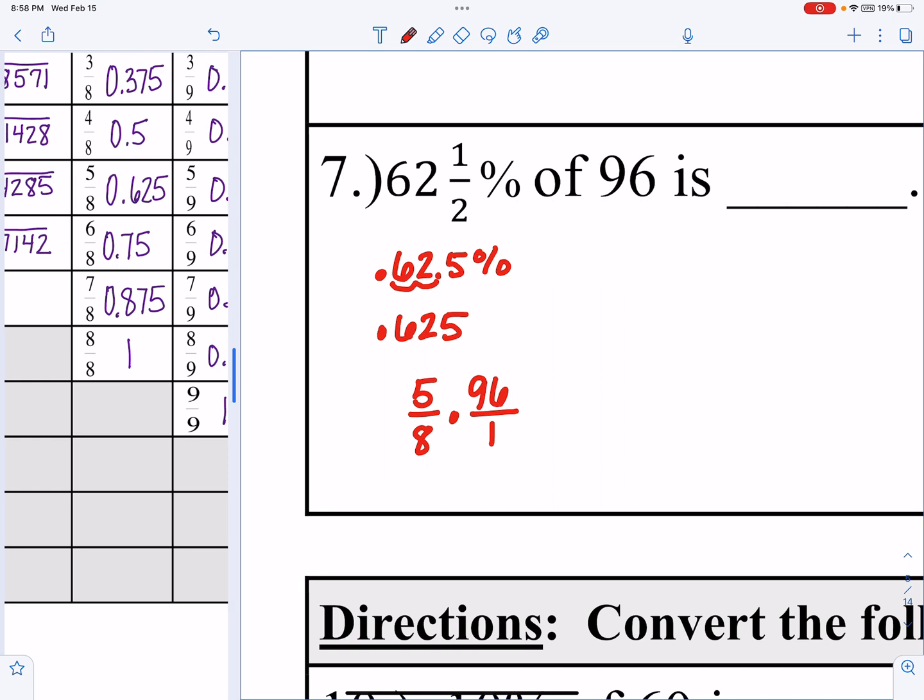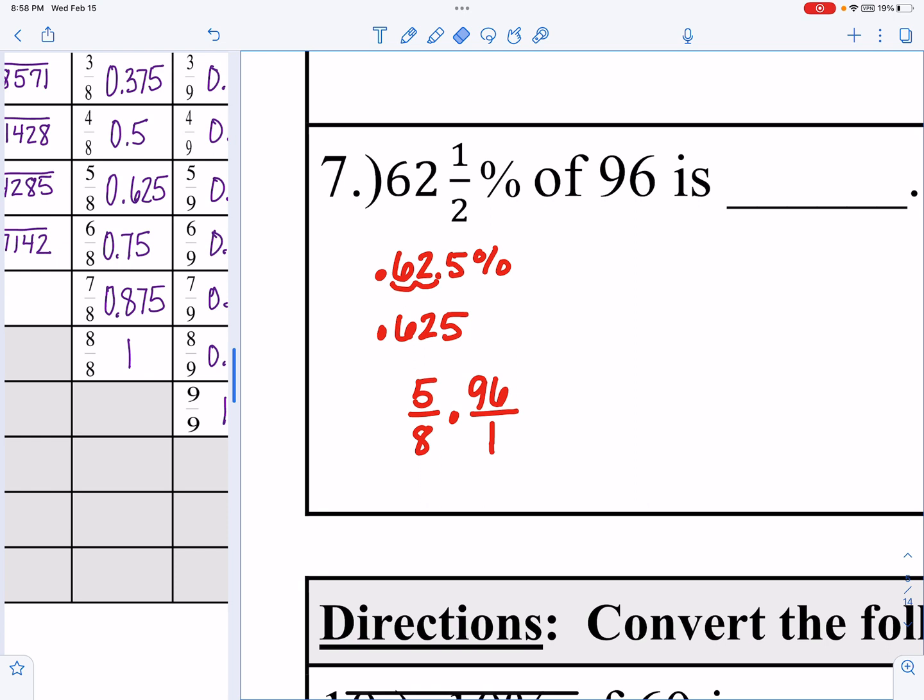One of the things we can do is some cross simplifying here. Obviously I could do 5 times 96, 8 times 1, and then do my division from there.